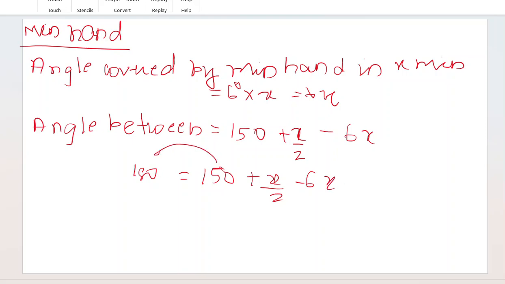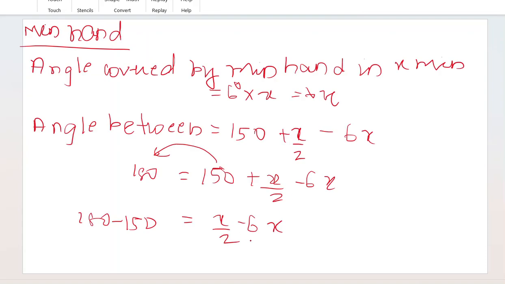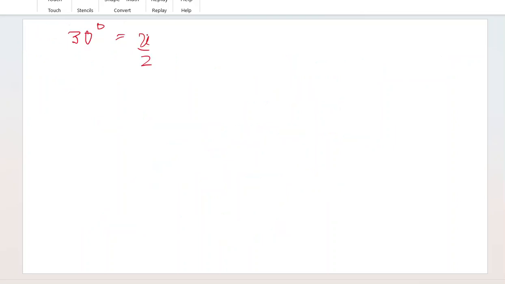Now again I shift the 150 this side, so I get 180 minus 150 equals x by 2 minus 6x. So 180 minus 150 is 30 degree, and for x by 2 minus 6x, I have to make the denominator the same. So therefore I get 12x upon 2.